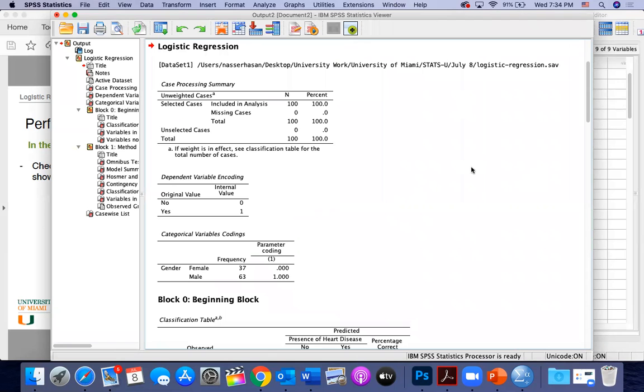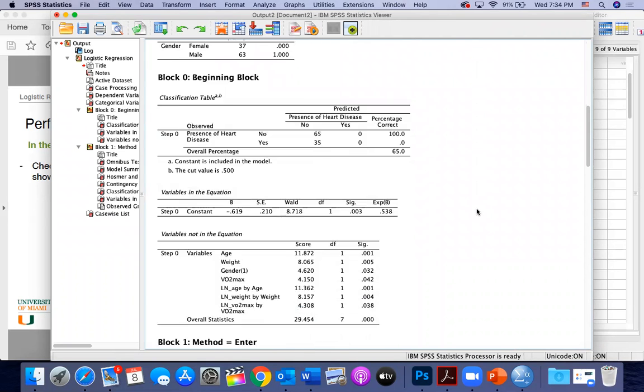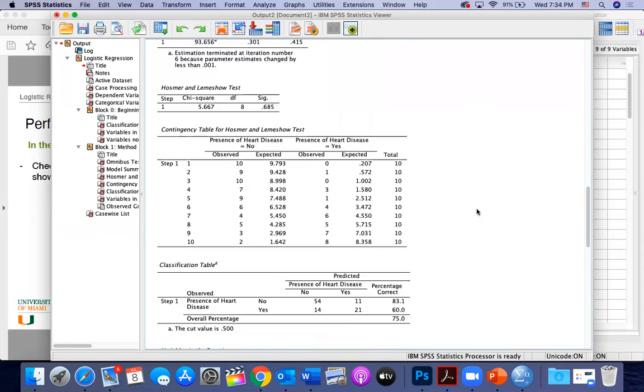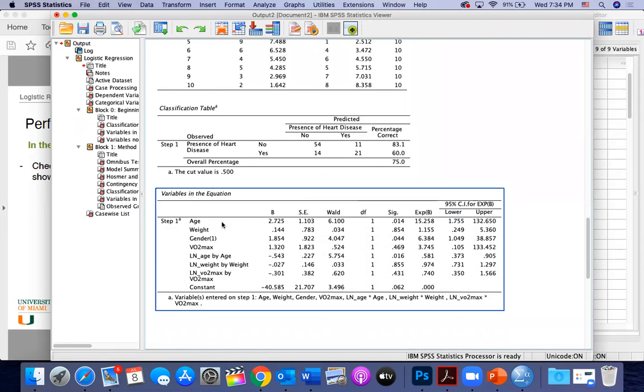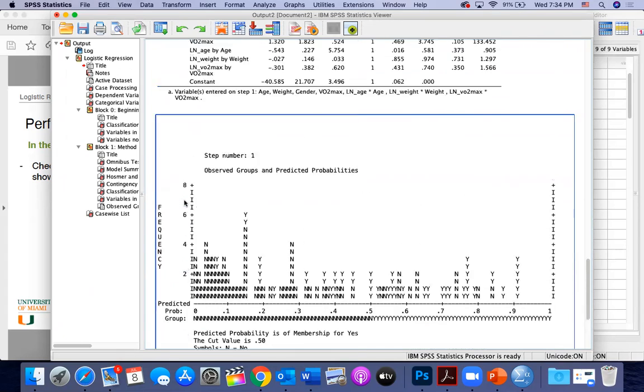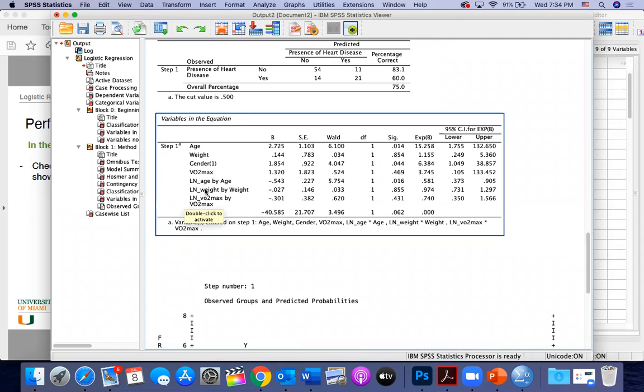So you want to scroll down until Block 1 and go directly to the variables in the equation table. It's kind of the last table, at the end. And look at the interaction terms right here.